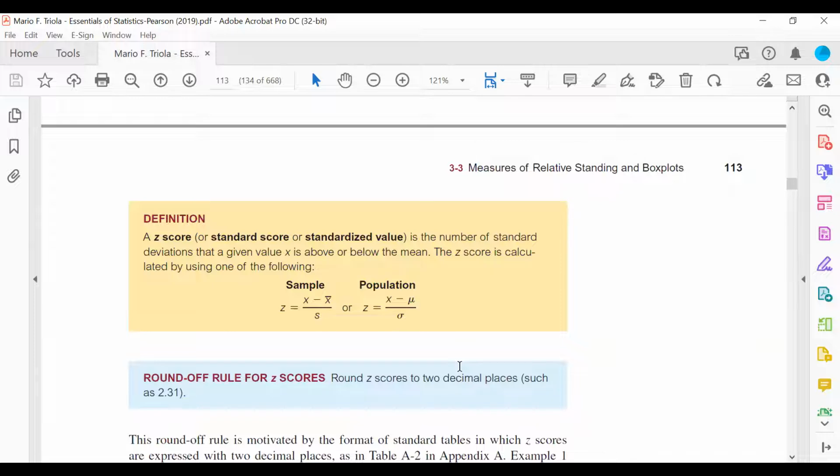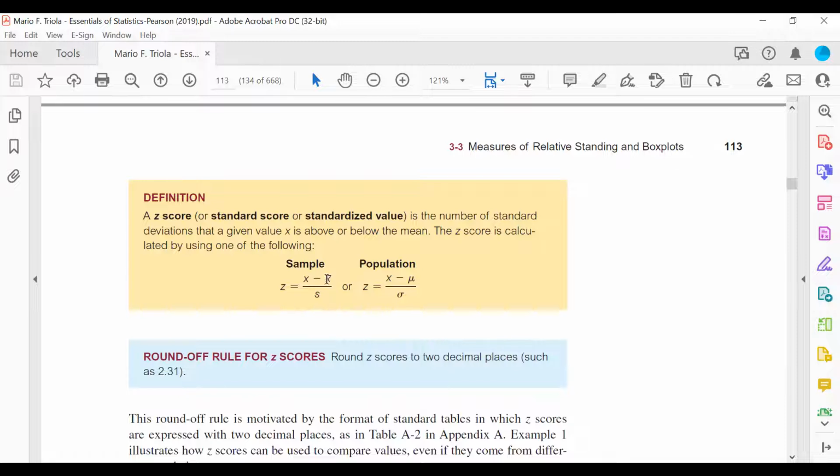Again, a z-score, or standardized value, is the number of standard deviations that a given value x is above or below the mean. There are two versions of the formula. If you are using a sample, the sample formula is z equals x minus x bar over s, where x bar is your sample mean and s is your sample standard deviation.